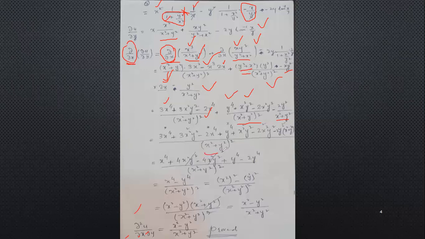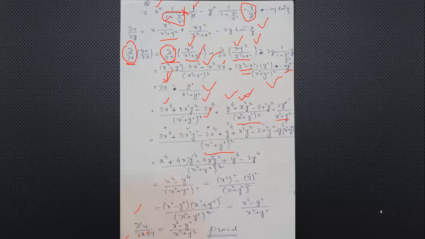So our LCM is x square plus y square whole square. In the first two terms the denominator is the same, so as we take the LCM, the numerator is also the same. So here we write both numerators the same here.